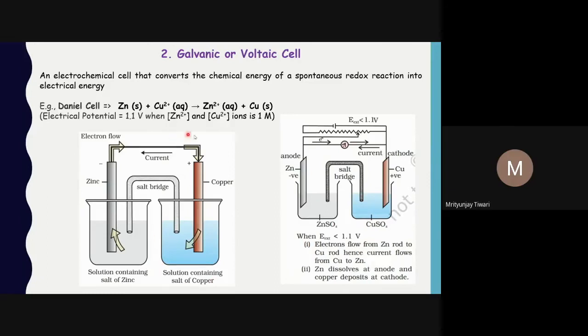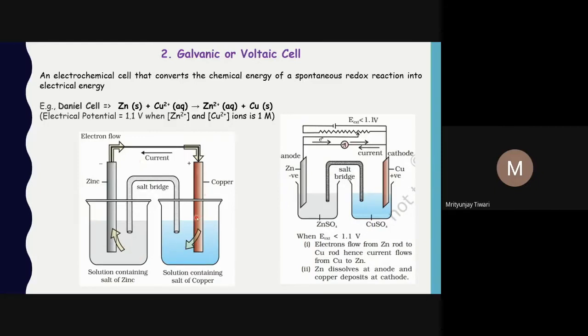The two behave as half cells. So this is the cathode half cell, and this is the anode half cell. In the case of the Daniell cell, the anode contains zinc, and its electrolyte solution also contains zinc, so let us consider zinc sulfate is inside this.